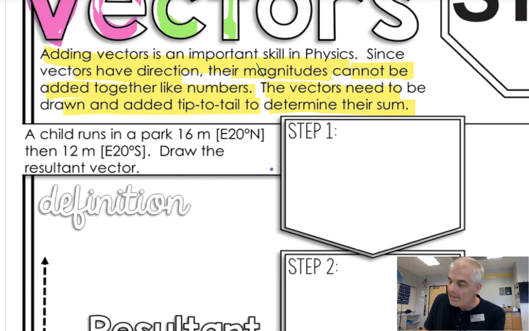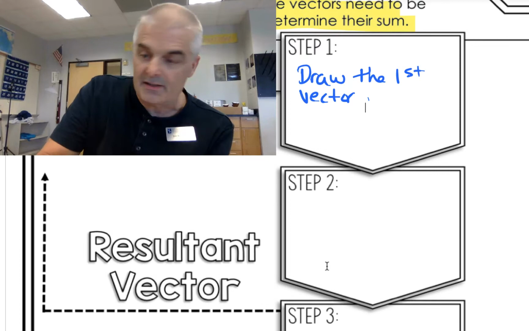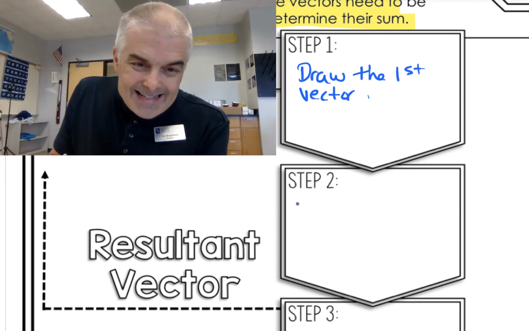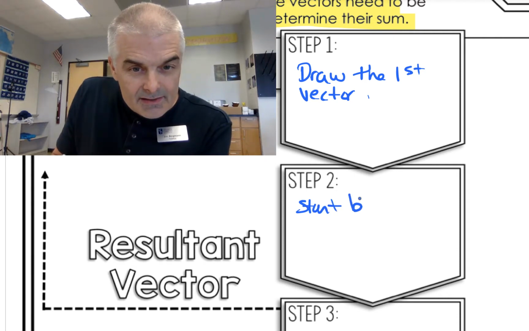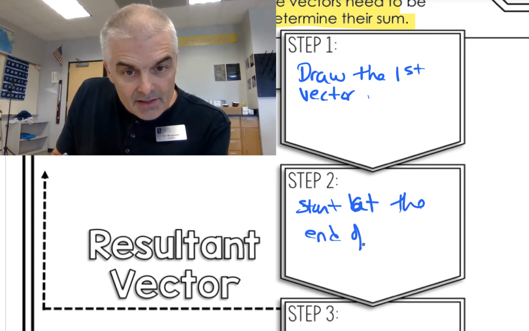So step one, the first thing you do is draw the first vector. That's simple. The trick on the second vector, though, what do we do there? You start, I'll say it this way, at the end of the first vector.